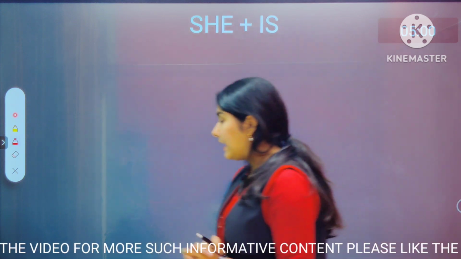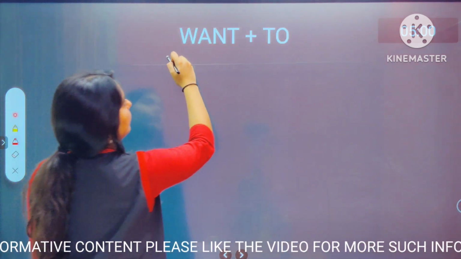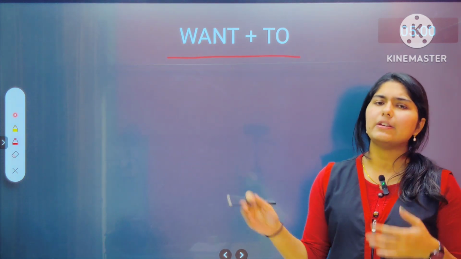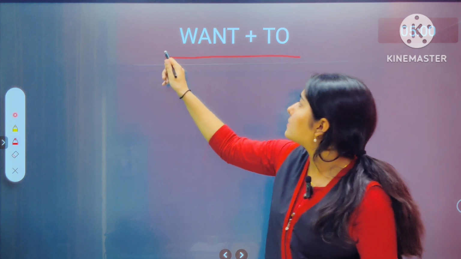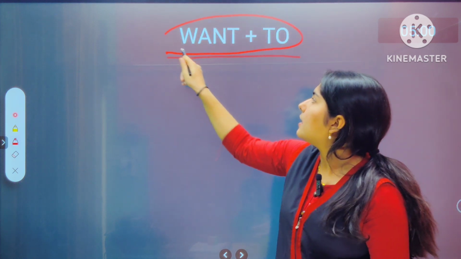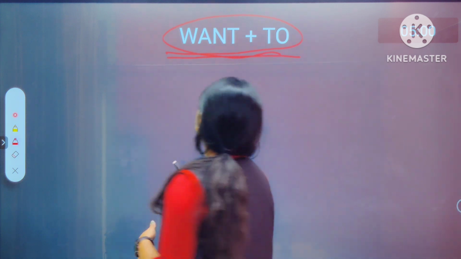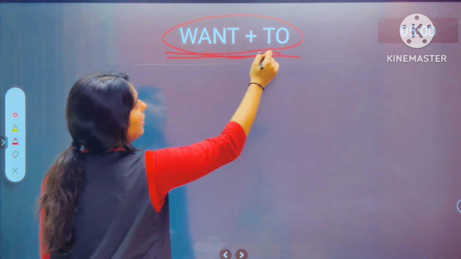Now moving on to our next contraction, we have want to. Here the level gets added up. Earlier we were doing very simple contractions, but this one is kind of you are going to a next level, right? So here we have want plus to.